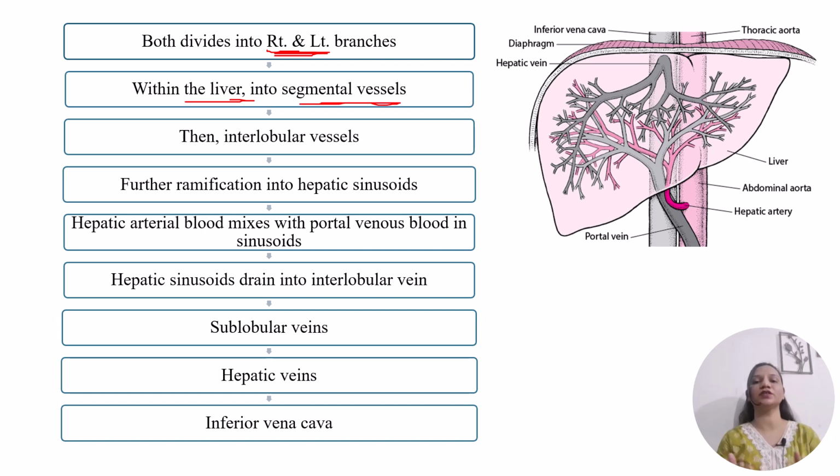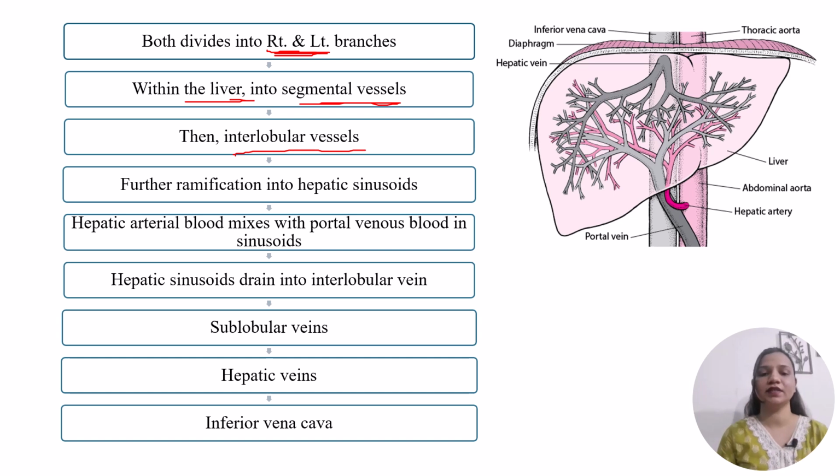That means there is further division of these right and left branches of both of these vessels, and then they again subdivide into the interlobular vessels. That means the vessels that enter into the lobes of the liver.